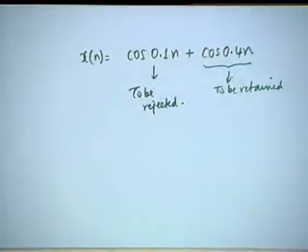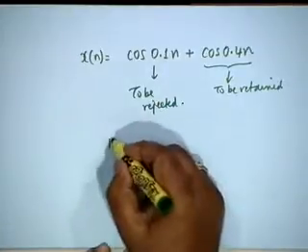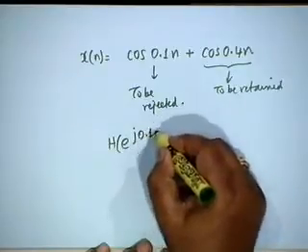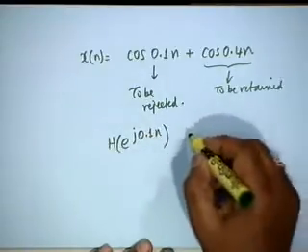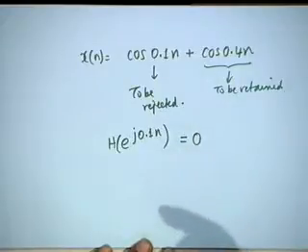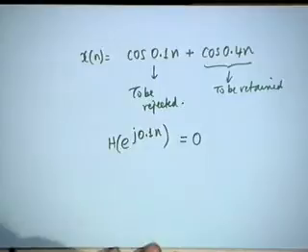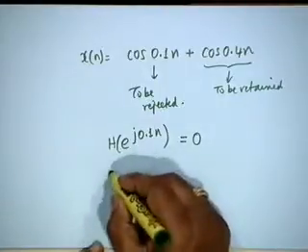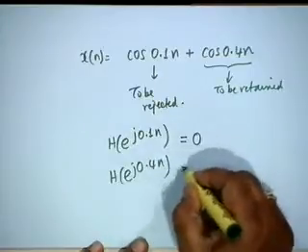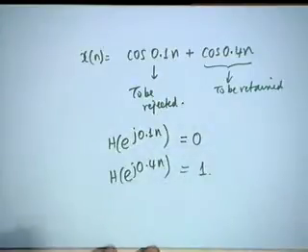Okay. So, what we want is that capital H of e to the j 0.1 should be equal to 0. Why not make an effort to make it equal to 0, and capital H of e to the j 0.4 should be equal to 1. Let us see if we can satisfy this.